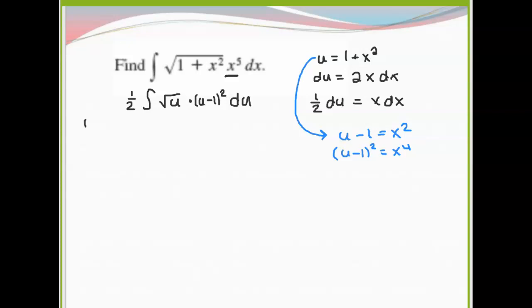So I would change square root of u to u to the 1/2. I would FOIL my u minus 1. And then you can distribute u to the 1/2.